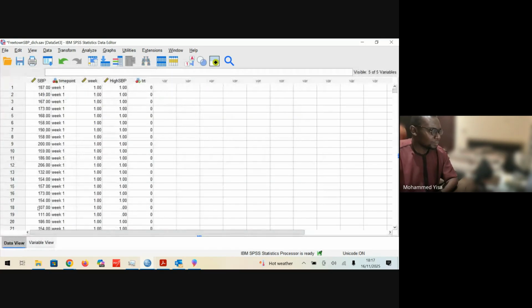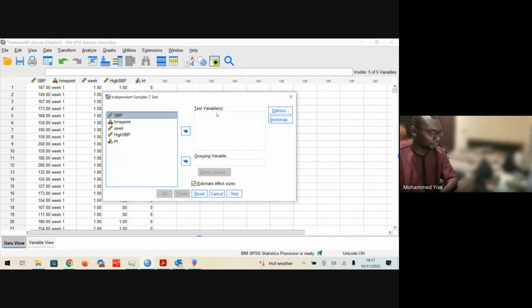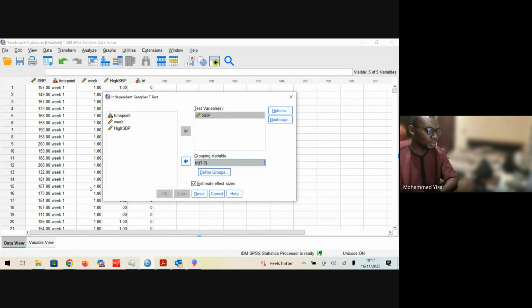So let's go to Analyze, Compare Means, Independent Samples T-Test. Now our test variable is the systolic blood pressure. Our grouping variable is the treatment, so treatment status, treated or not treated, and we put it in here.